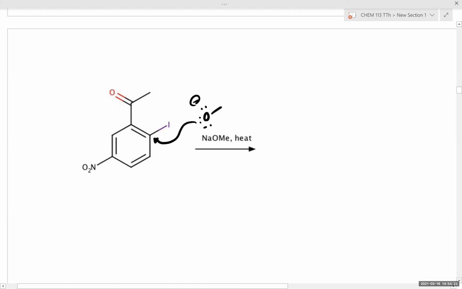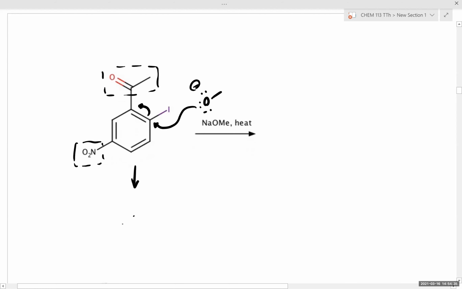So in SNAr, which occurs when we have multiple electron withdrawing groups, our nucleophile attacks the same carbon as our leaving group, and we generate a stabilized anion. And this is why we need electron withdrawing groups, because without them we would not be able to stabilize this negative charge efficiently.